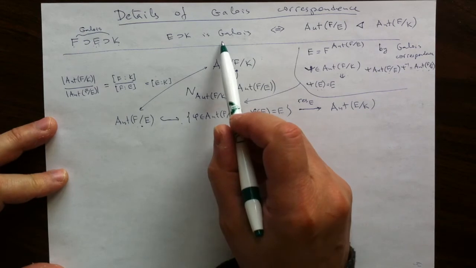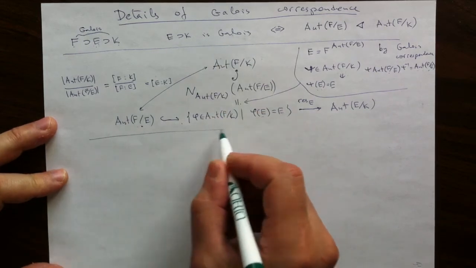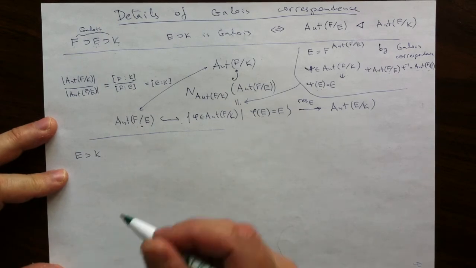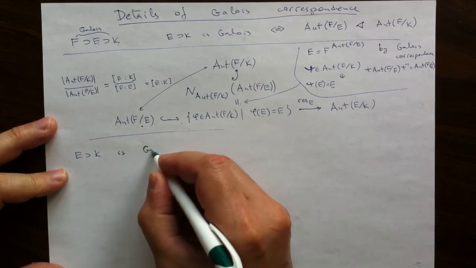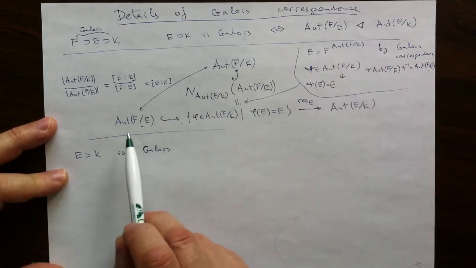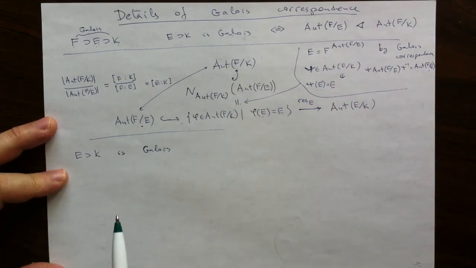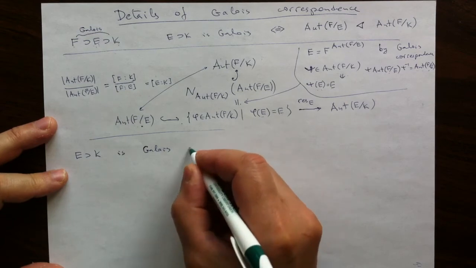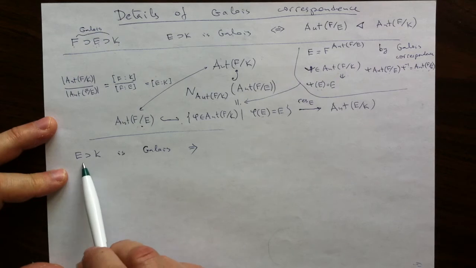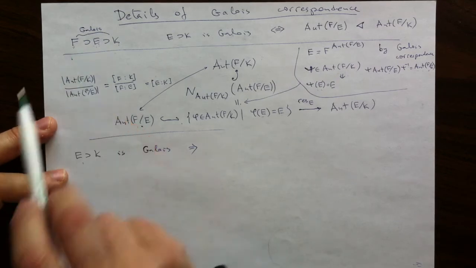So if I start, say, assuming that E is extending K in the Galois fashion, I have to argue that this subgroup is normal. Okay, what I know is, again, I have to use the larger field.